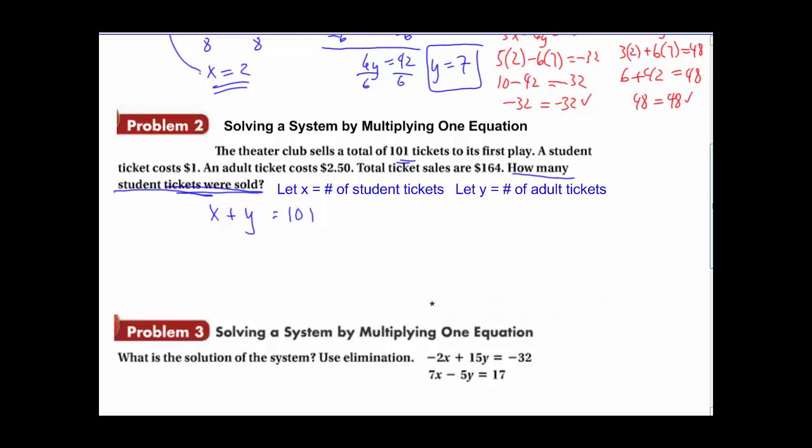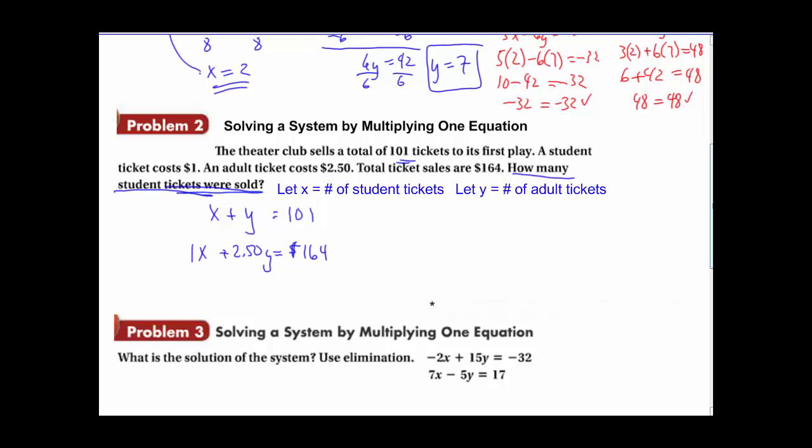The total amount sold was 164, made up of X student tickets and Y adult tickets. But it's a dollar amount, so each student ticket was $1, so we attach a 1, and each adult ticket was $2.50, so we multiply 2.50 to the Y.